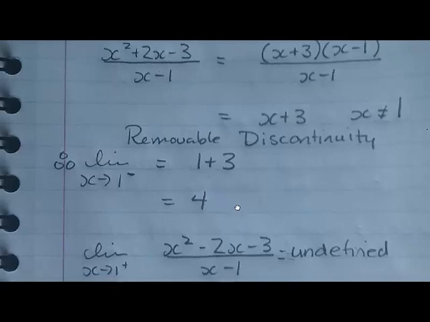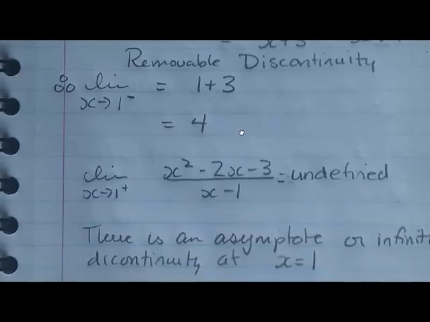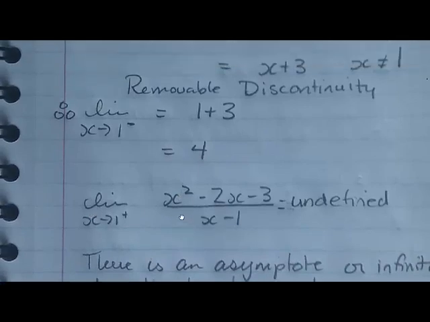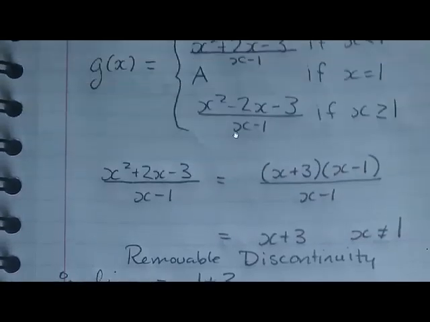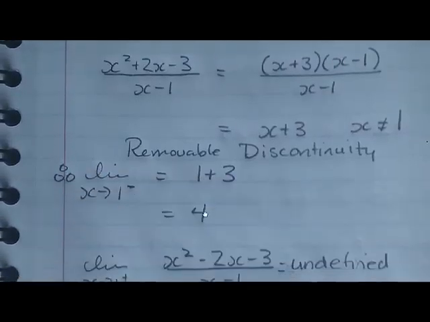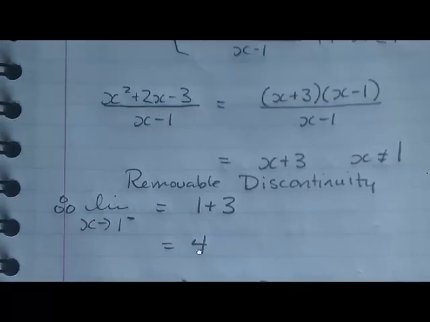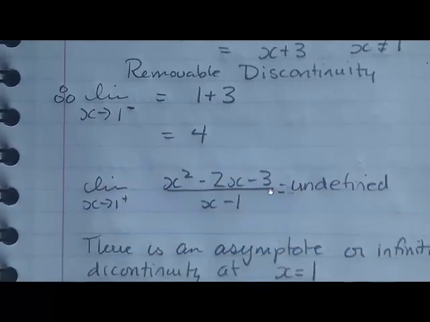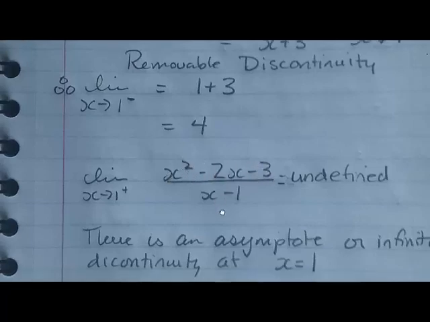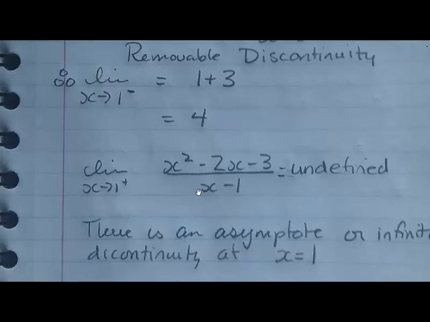That seems pretty straightforward. Unfortunately, if we're approaching it from below, that's fine, but if we're approaching it from above, we have to deal with this one. So if we're approaching that point, x equals 1, from above, we're dealing with this function, and it doesn't factor. The top doesn't factor, at least it doesn't factor nicely.